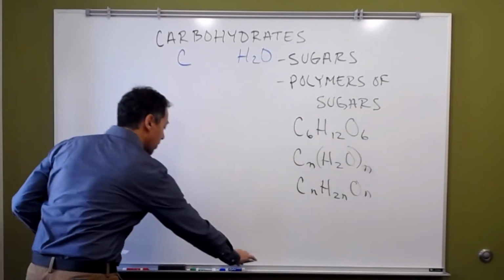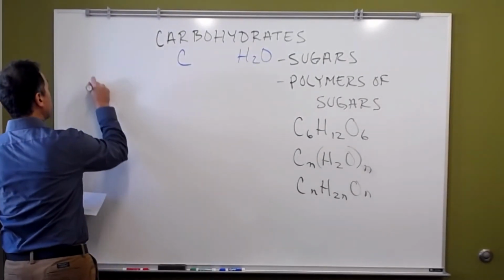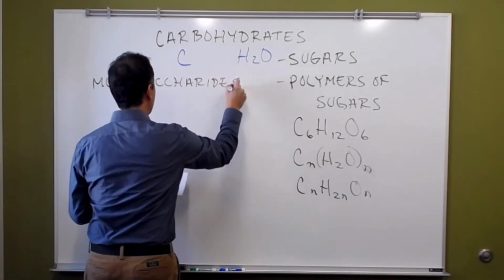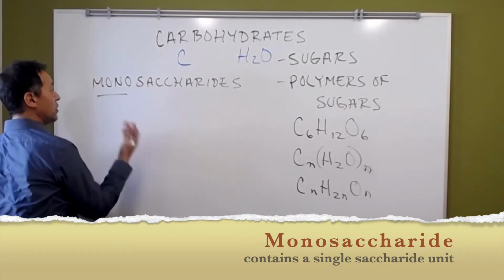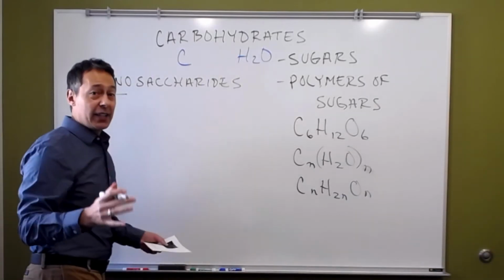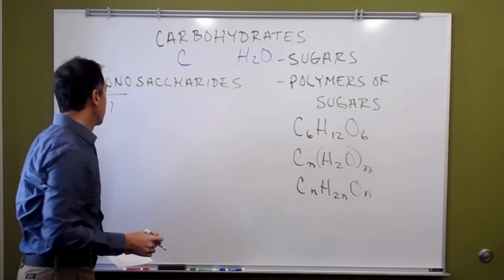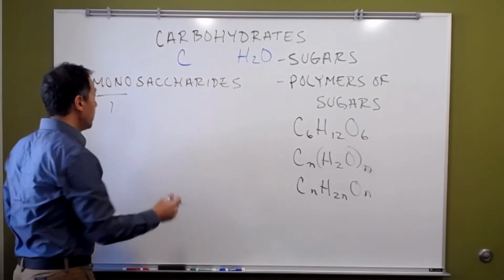Now, as far as carbohydrates go, we have monosaccharides. Mono means one, and saccharide is Latin for sugar. And so monosaccharides are monomers of sugars.